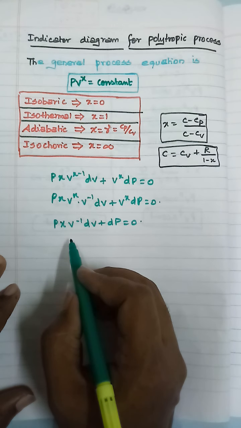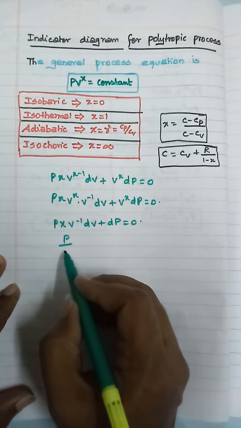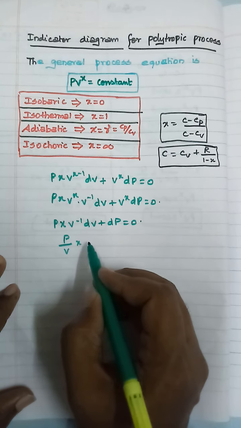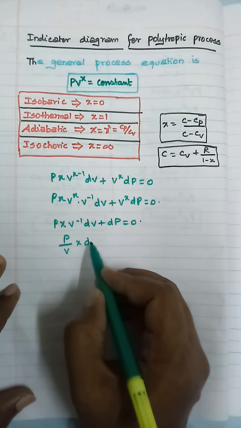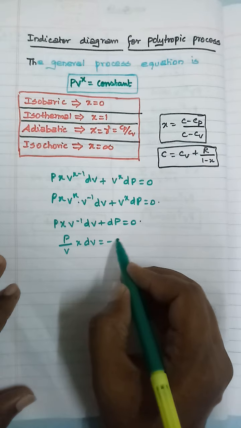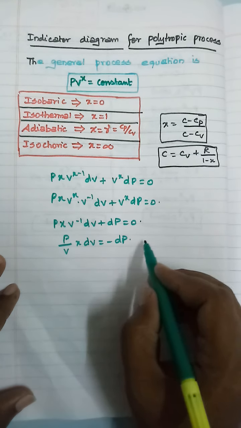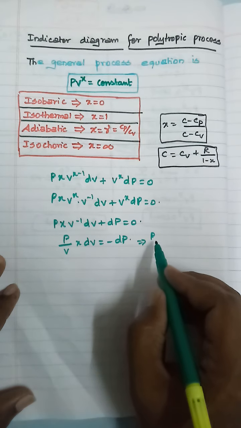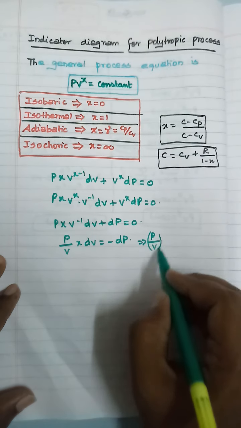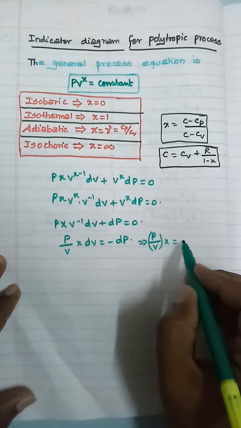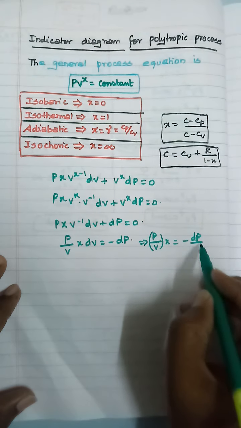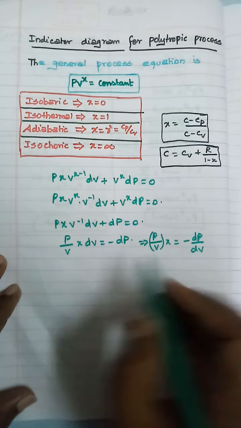Then this can be written as (P/V) x dV = −dP, or (P/V) x = −dP/dV.